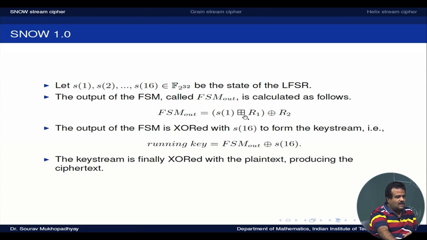This is the addition operation, and then it is bitwise XORed with R2, and we get the output. This output, which is again 32 bits, we XOR with S16, and the key stream is finally XORed with the plaintext to produce the ciphertext, as we know.